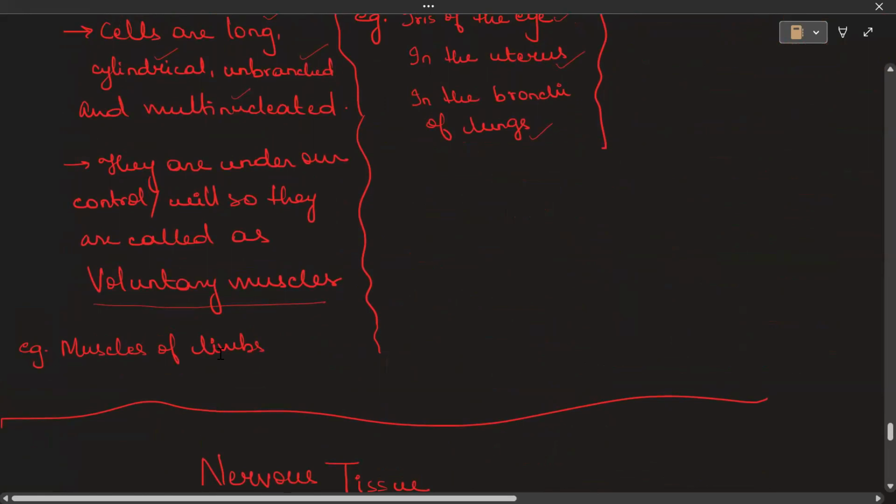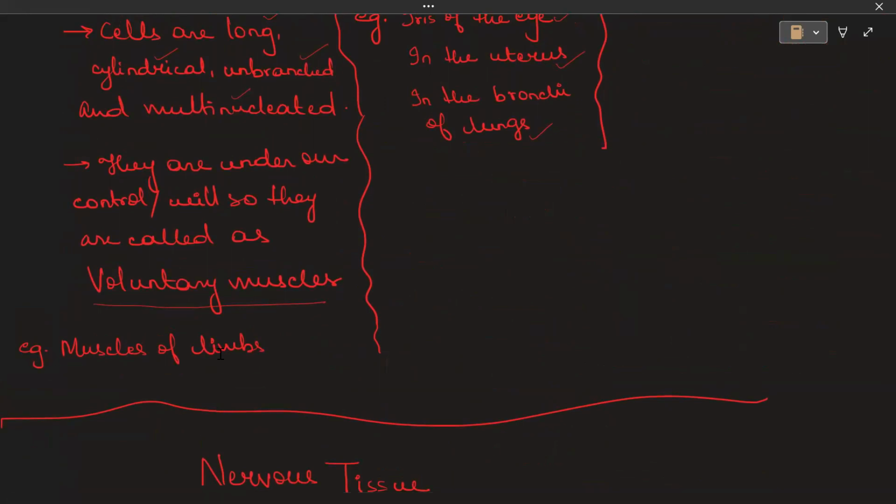Like we can lift our hand up, put it down on our own will, right? And the example is the muscles of the limb. The limb can be forelimb, which is your hands, and hind limb, which is your legs. Is it clear to everyone?